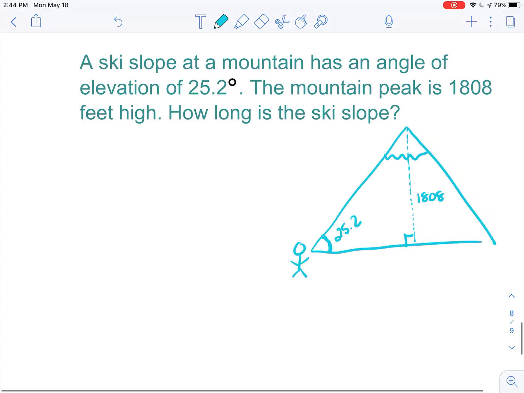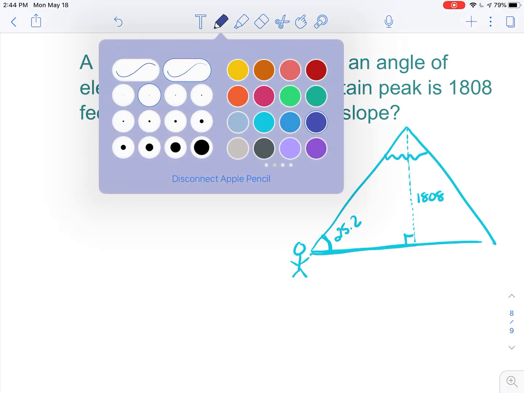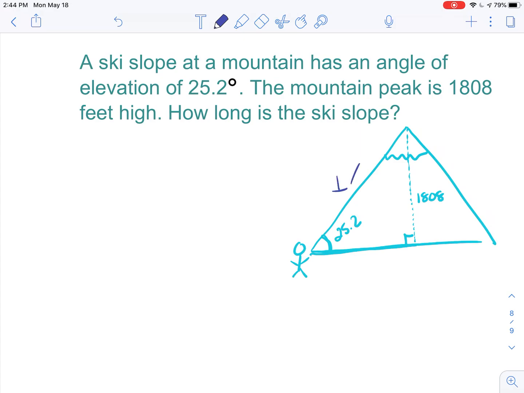So looking at this picture, is this the length of our ski slope? No, that is the length from you to the base of the mountain. So our ski slope is where we are actually skiing down, right? This is a person on skis, screaming, wearing a helmet, of course. The ski slope is the distance that they are traveling from the top to the bottom.